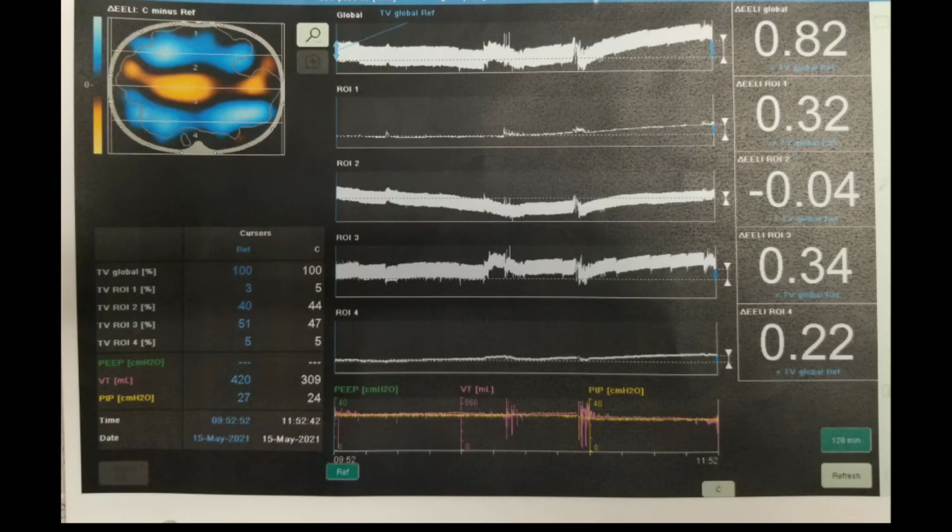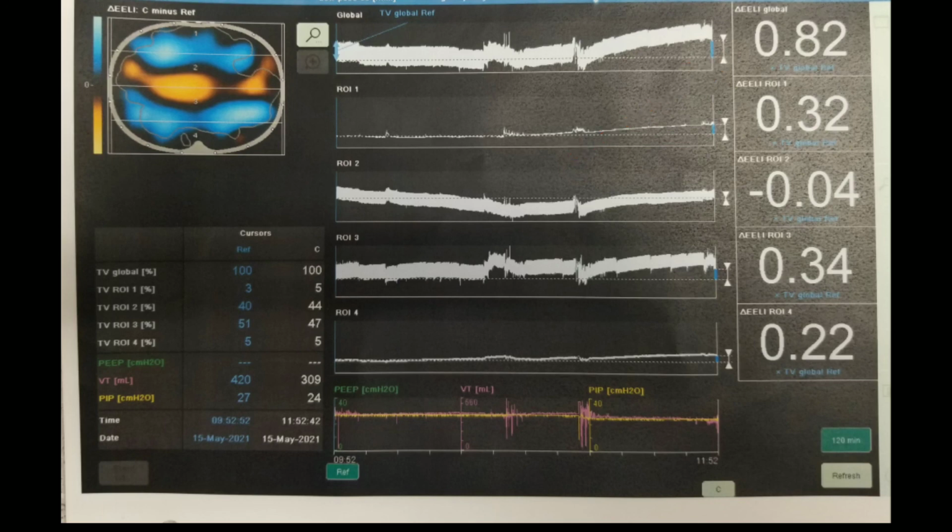Then we're looking here at 9:52. Between 9:52 and 11:52, the P high was further dropped from 26 down to 24, since the patient tolerated very well the P high being dropped from 30 to 26. Here we see a global increase of 344 mLs in the end expiratory lung volume.